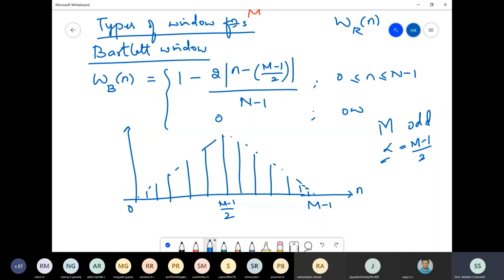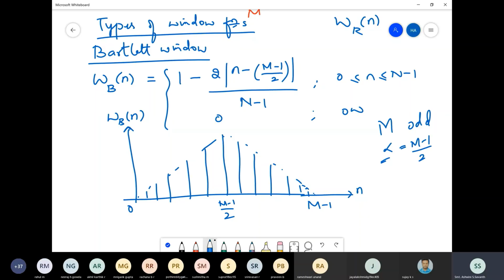That is the Bartlett window, and every window has a frequency response. Like the sinc function that we obtained for the rectangular window, every window will have a frequency response. This is in the time domain, so along with the window function, you'll also have to plot the frequency response when the theory question is asked. You can refer to notes for that and just plot it.